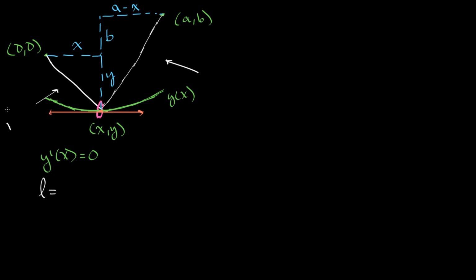So we have over here, this is going to be the square root of x squared plus y squared. And then over here, we're going to have a minus x squared, and then plus b minus y. Not b plus y, but b minus y.